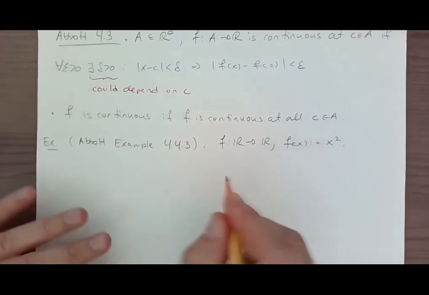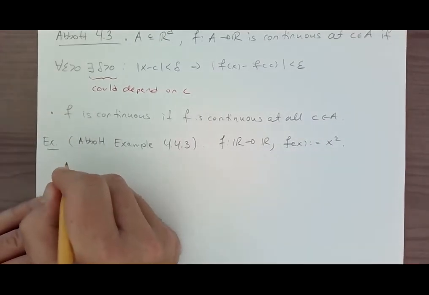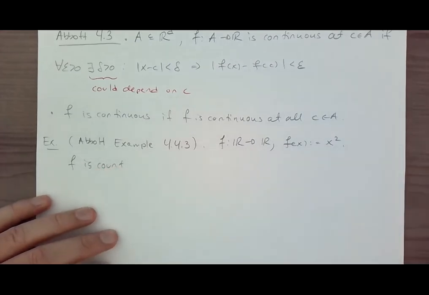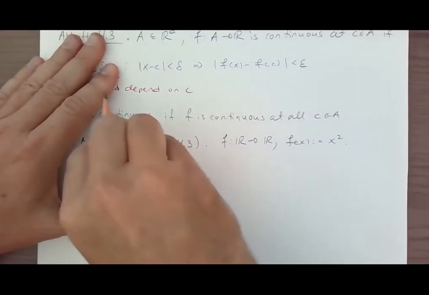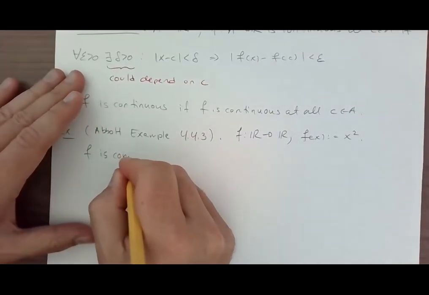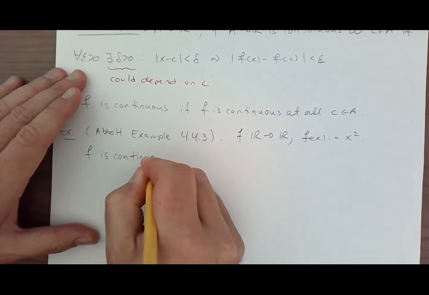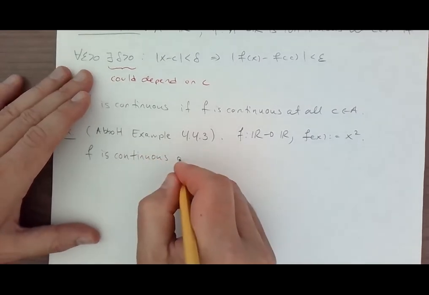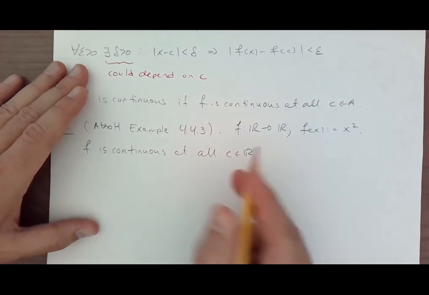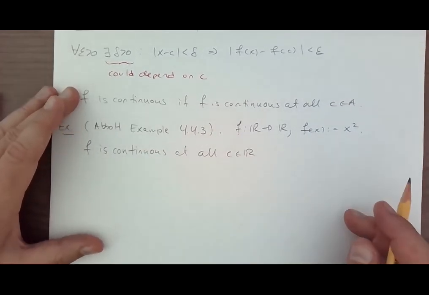Then this function f is continuous at all points, which is of course not a surprise because it's a square function after all.